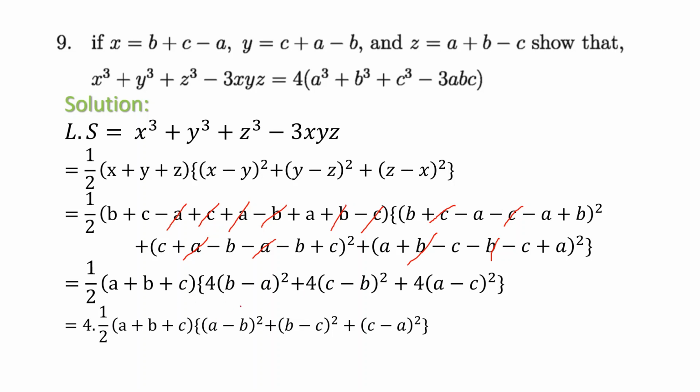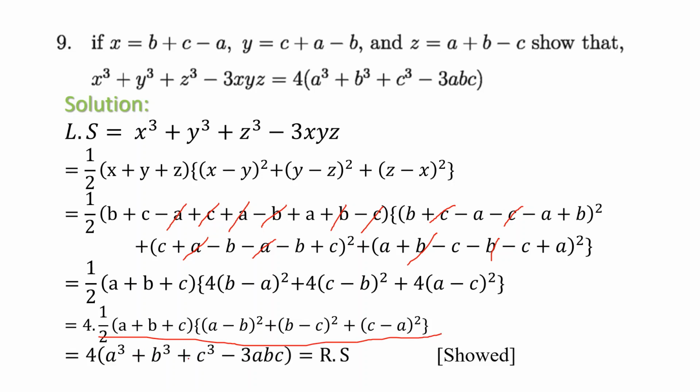We know that (a minus b) whole square and (b minus a) whole square are the same, so we can write: (b minus a) whole square is equal to (a minus b) whole square, (c minus b) whole square is equal to (b minus c) whole square, and (a minus c) whole square is equal to (c minus a) whole square.